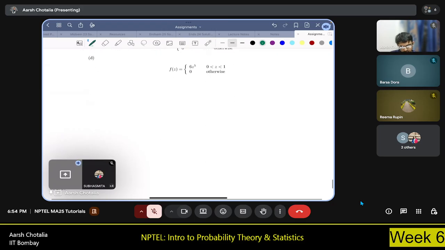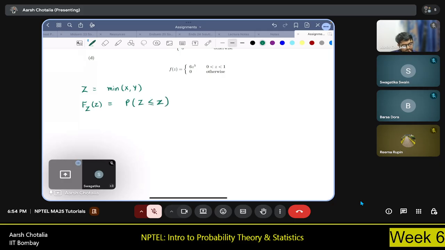So we have Z equal to the minimum of X and Y, which means if we want to find the cumulative distribution of Z, that is the probability that Z is less than or equal to z.